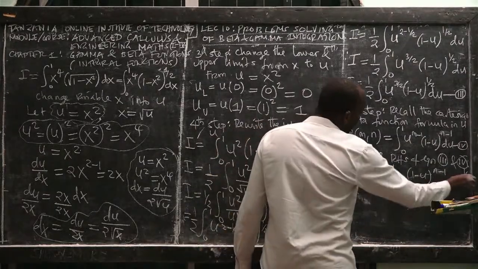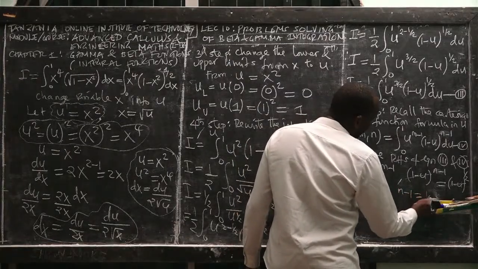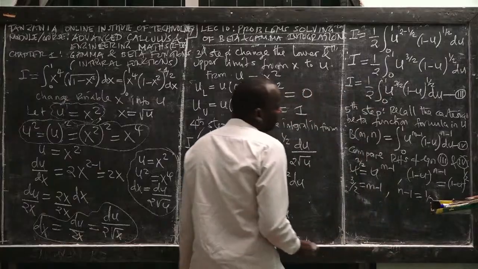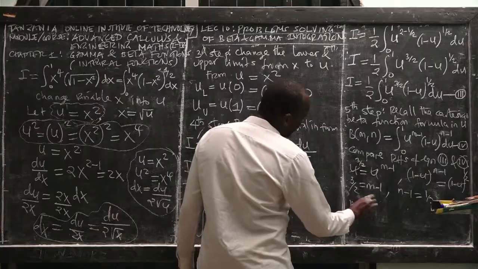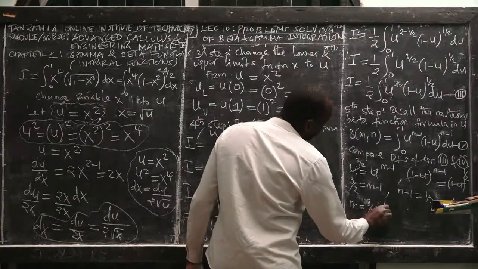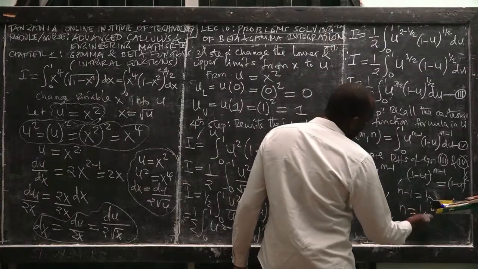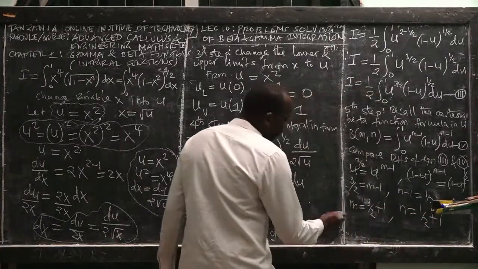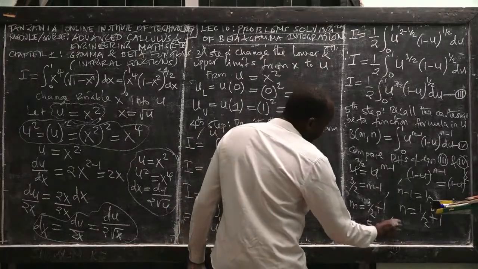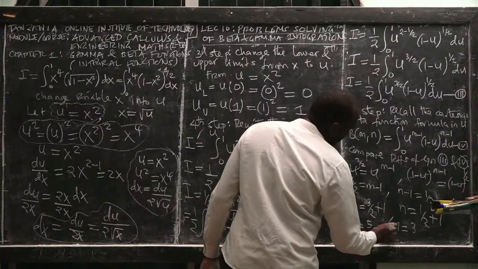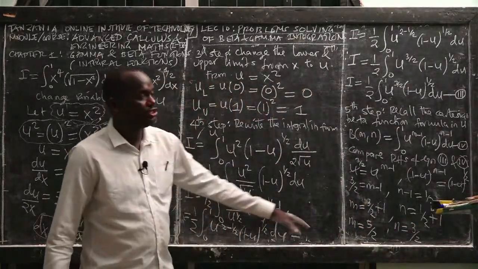Then n minus 1 is equal to a half. So make m the subject: m is equal to 3 over 2 plus 1. Make n the subject: n is equal to a half plus 1. So m is equal to 5 over 2, and n is equal to 3 over 2, or 1 and a half.